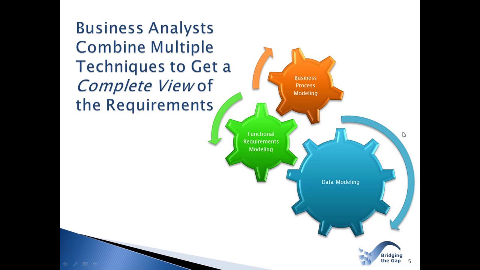A mature business analyst like you combines business process modeling, functional requirements modeling, and data modeling to look at a set of requirements from all possible angles and ensure no requirements get missed during the elicitation process.